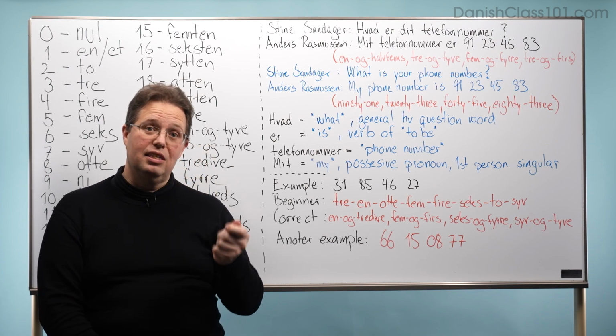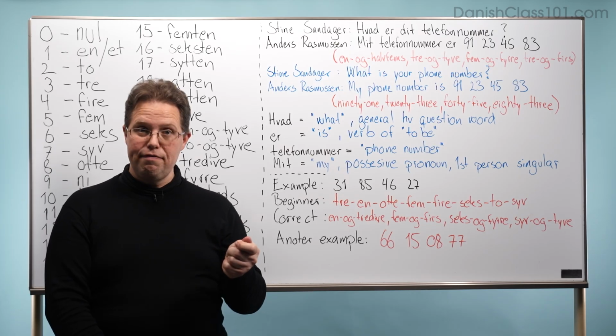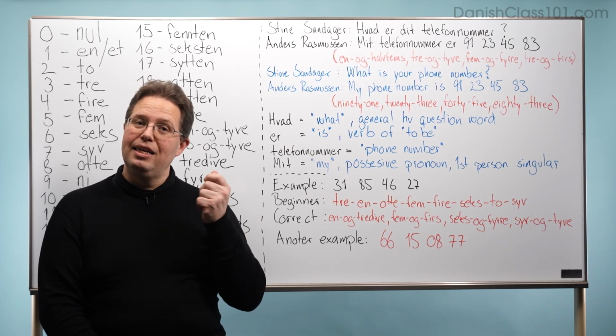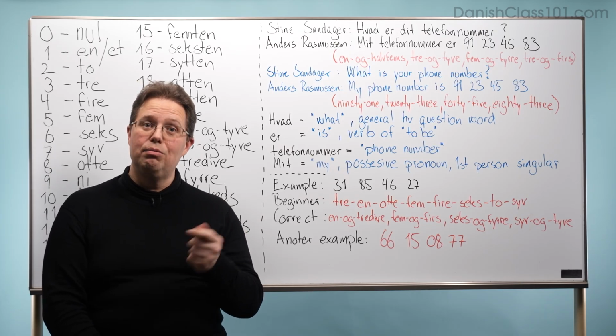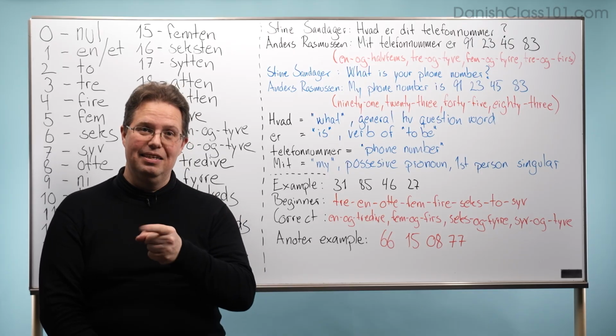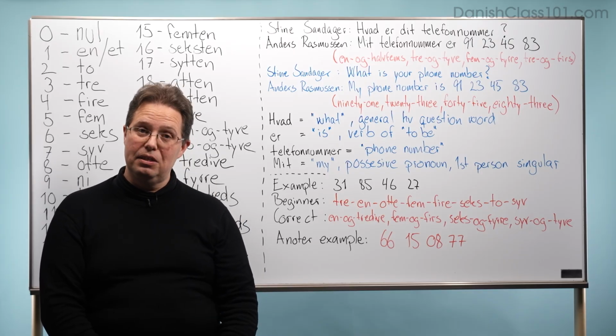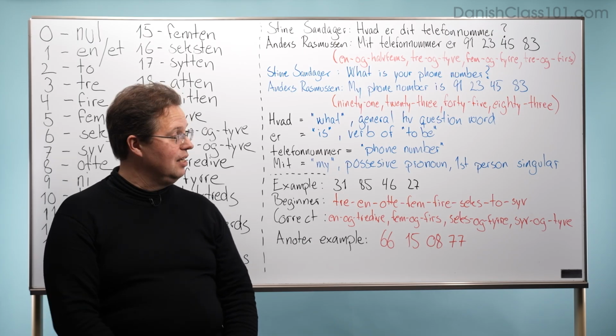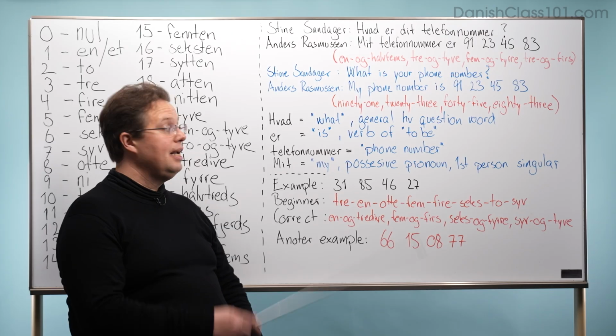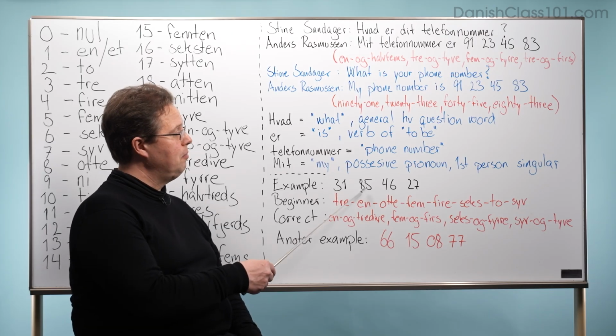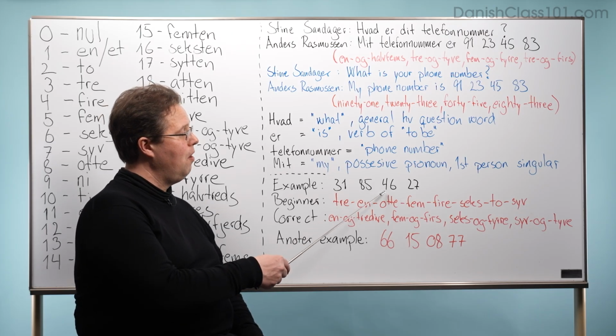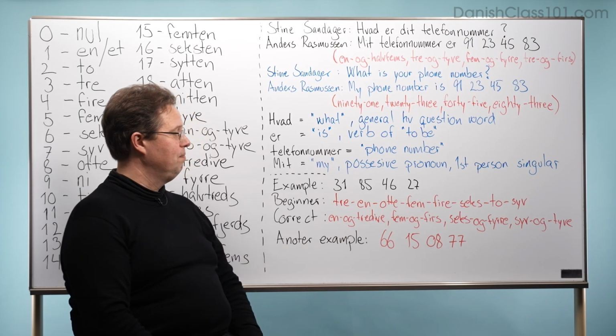For instance, the example could be the number 83. In Danish, we don't say 83, we say 3 and 80. So that would go 83. All right, so again, the example would be 31, 85, 46, 27.